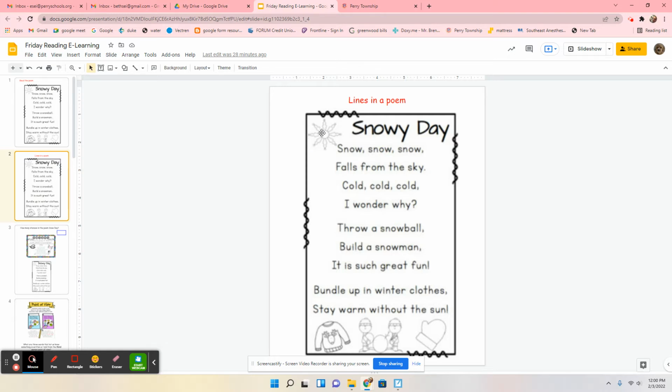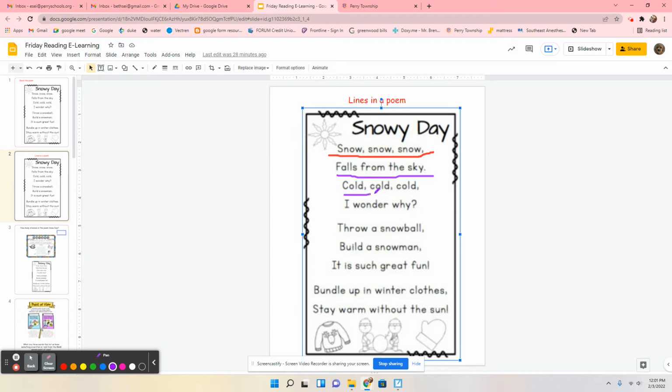For example, if I look at Snowy Day, here is one line of the poem: Snow, snow, snow. Here is another line in the poem. Here is another line. And here is another line.